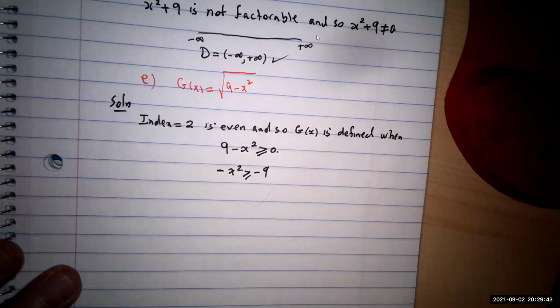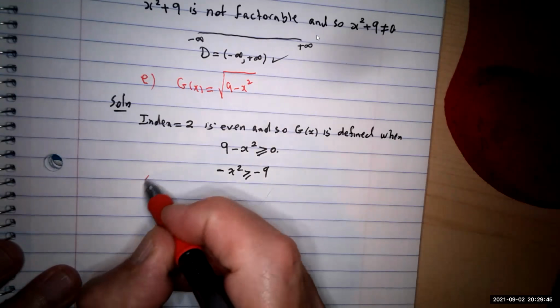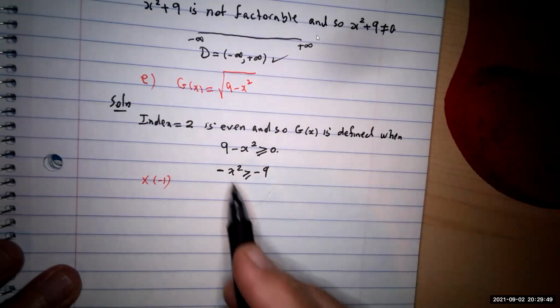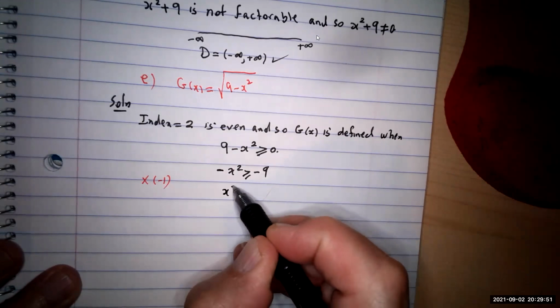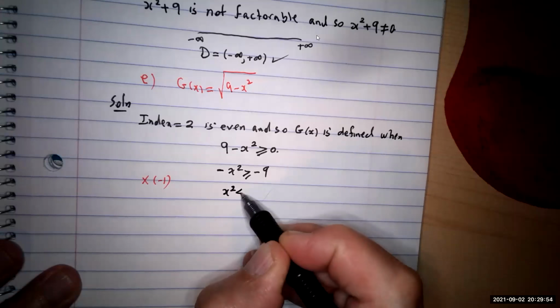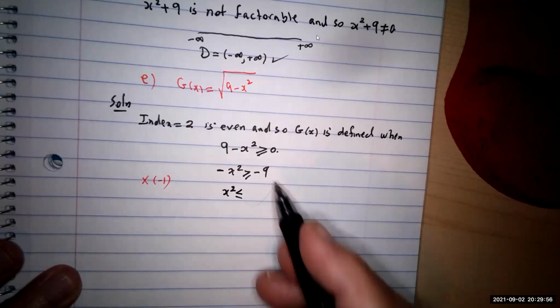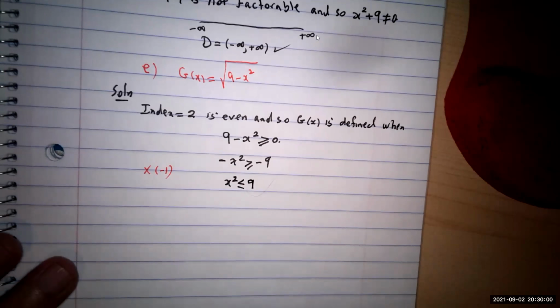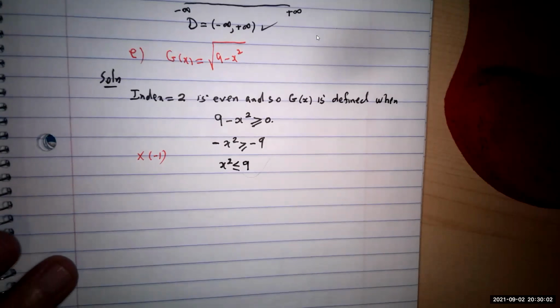So that makes this one into a positive x squared, and the greater-than sign becomes less than or equal to, and this would be 9. We're just solving the inequality.